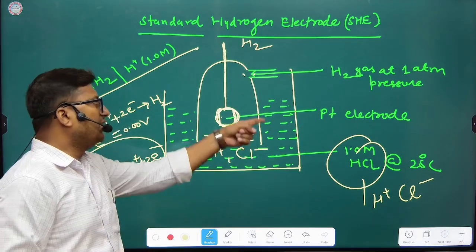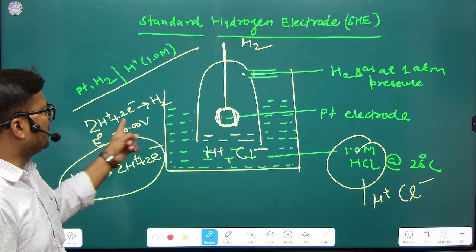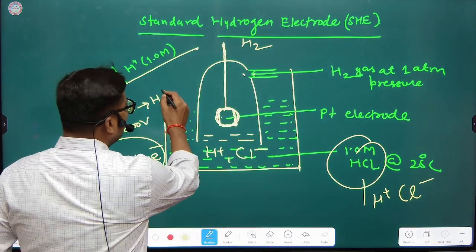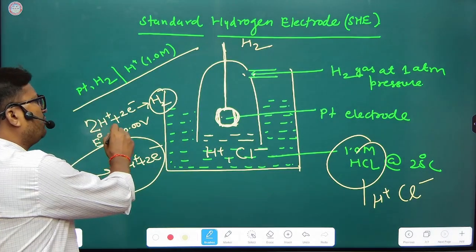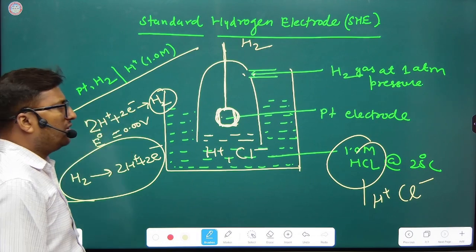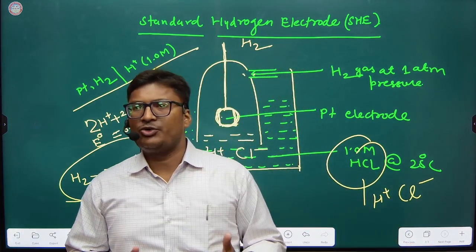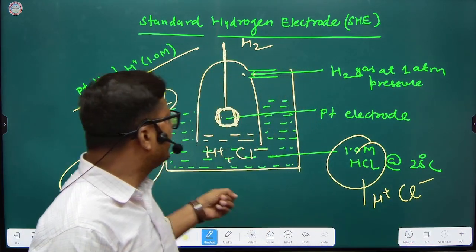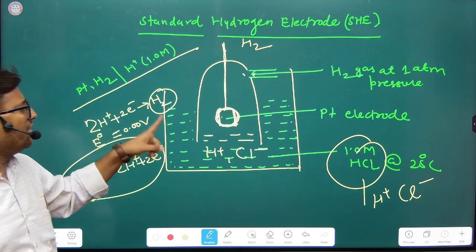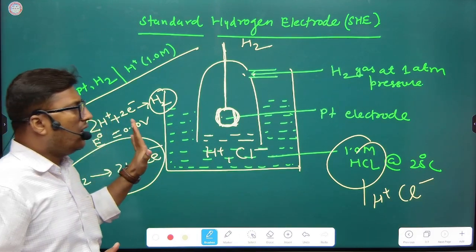If this electrode works as a cathode, there may be reduction, favoring the formation of hydrogen gas by the reduction of hydrogen ion with electrons. So this can act as a reference electrode, because it has zero potential, whether it is oxidized or reduced. In both cases it has zero voltage.